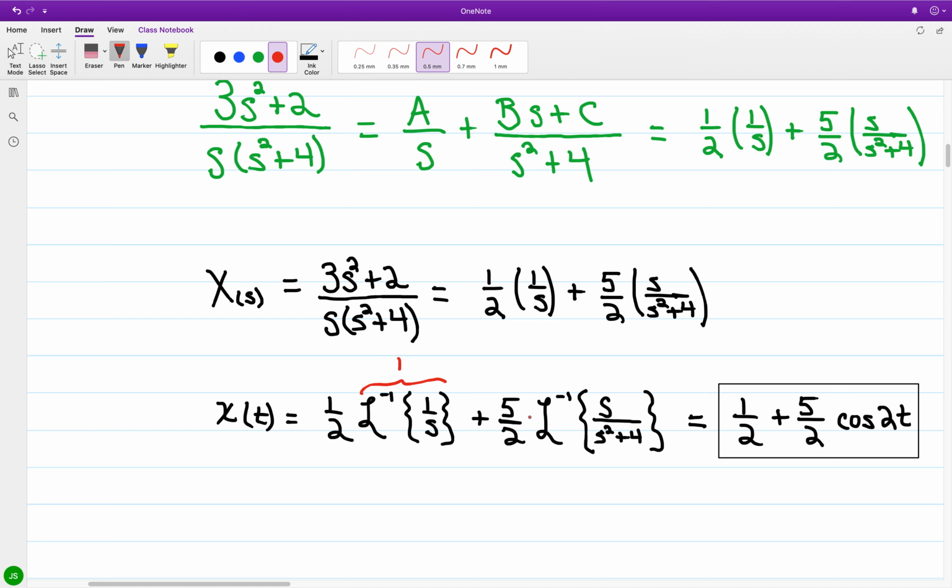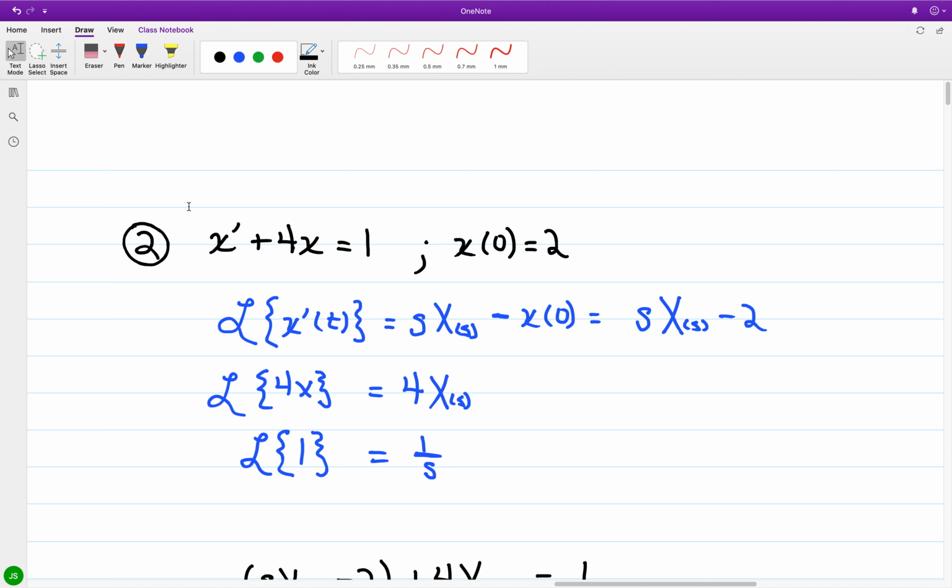And we have plus 5/2 of the inverse Laplace transform of s over s squared plus 4. That's in the s over s squared plus k squared family, which corresponds to the cosine function, which in this case with k at 2, we have the cosine of 2t. So for x of t, that is equal to 1/2 plus 5/2 of the cosine of 2t.